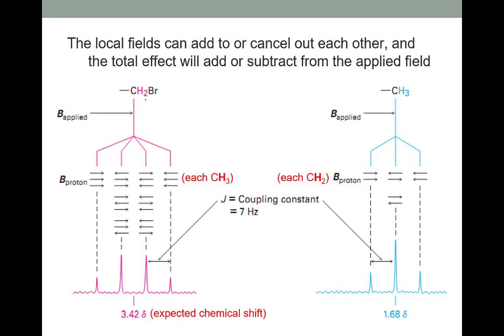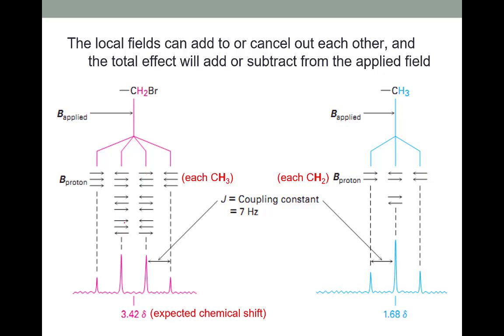So on the left of this slide, we see our methylene protons, the pink ones. And if we imagine that the instrument's field is pushing to the right, the signal for those would be here in the middle. So that'd be our 3.5 kind of number. We see at the bottom 3.42 would be our expected shift. But those 3 neighboring protons of the methyl group, the blue ones, either are all spinning in the same direction as the instrument's magnetic field, or they're all spinning in the opposite direction, or 2 of them are spinning with and 1 against, or 2 against and 1 with.